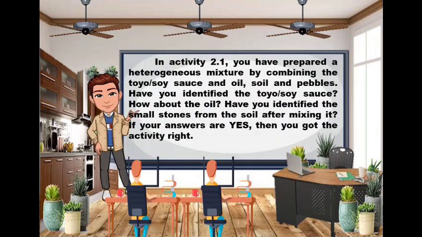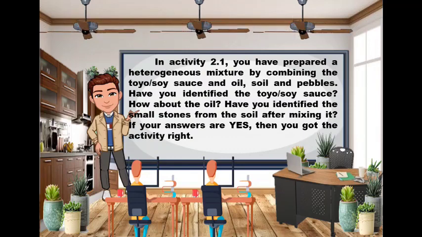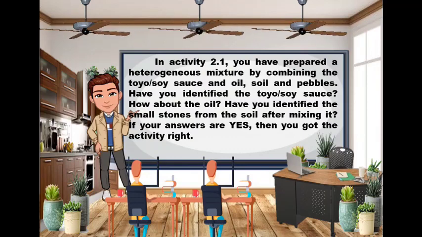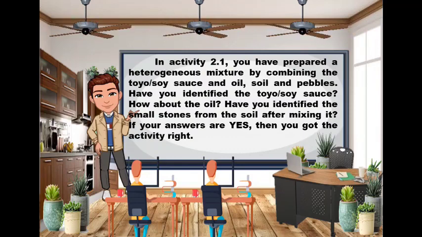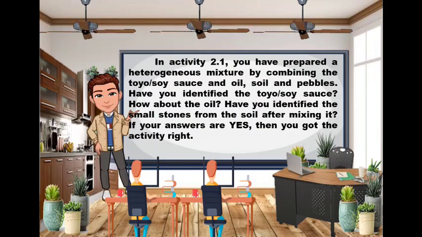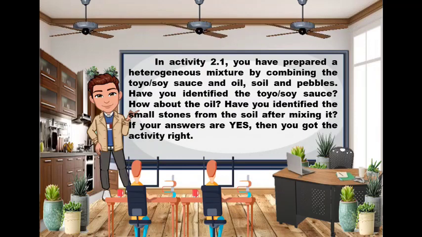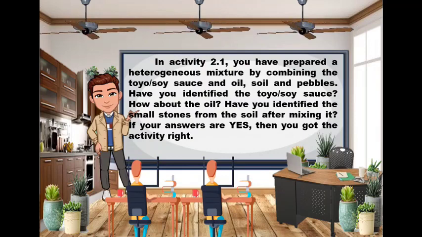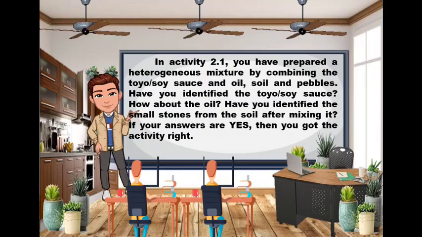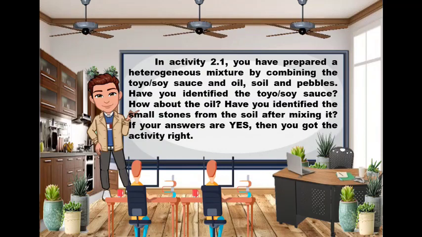In Activity 2.1, you have prepared a heterogeneous mixture by combining soy sauce and oil, soil and pebbles. Have you identified the soy sauce? How about the oil? Have you identified the small stones from the soil after mixing it?